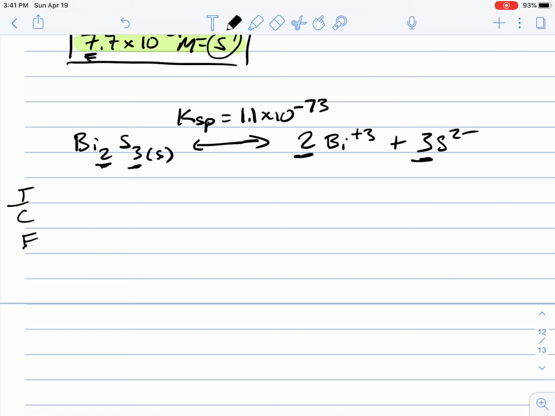So once again, ice table: nothing, nothing, nothing for initial. The problem didn't really give us anything. It just gave us the KSP. I know that some amount of this will be consumed, and it's 1, right? So if you have 1 Bi2S3, you have minus 1S.